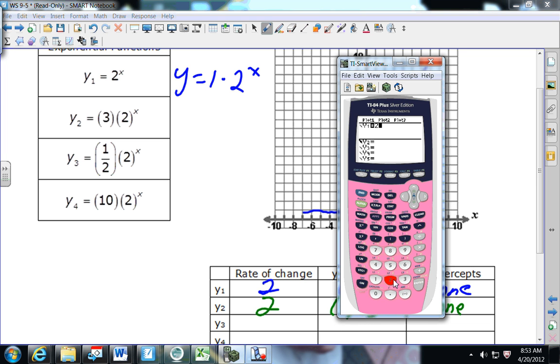Let's put 2 caret x, and then I'm going to make that my dark line. Enter. So now I'm going to go down here and put in 3 times 2 caret x. Make sure you put that in parentheses.